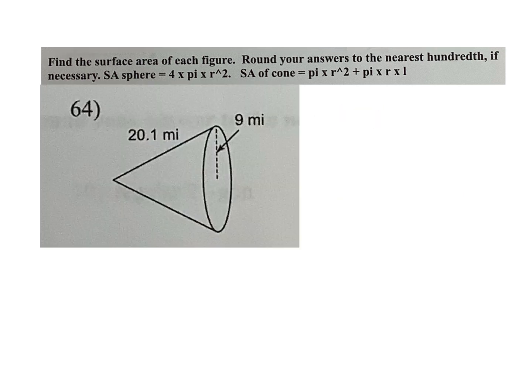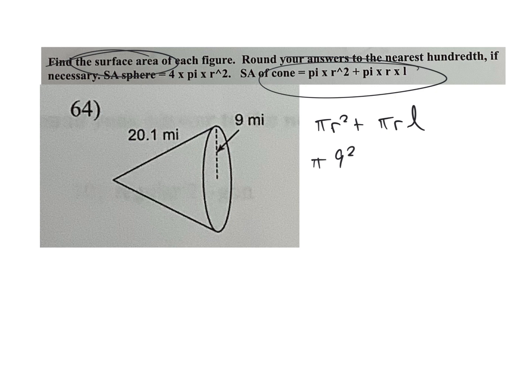Again, we want surface area. So it is the area of the base plus the area of the top part of the cone. So that gives you the formula up above there. So the radius is 9. And the slant is 20.1.